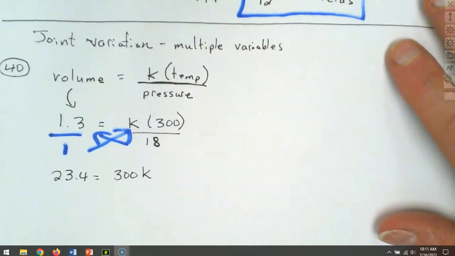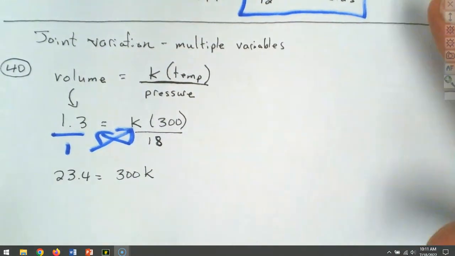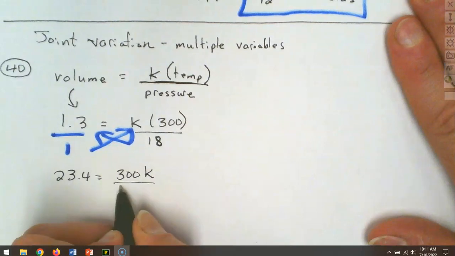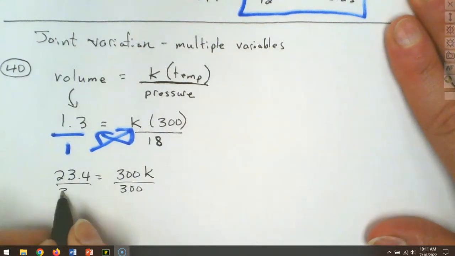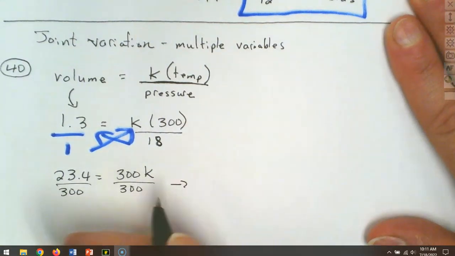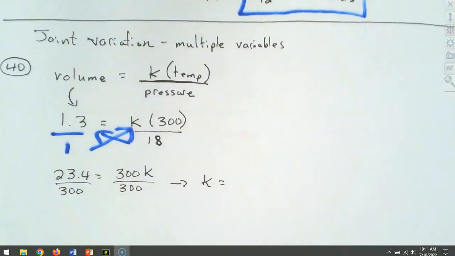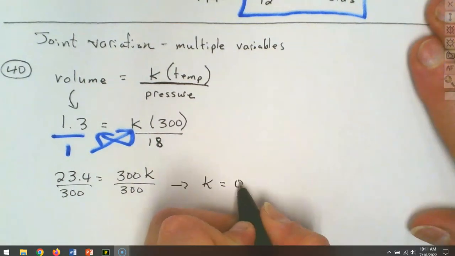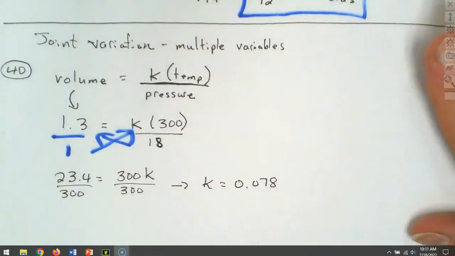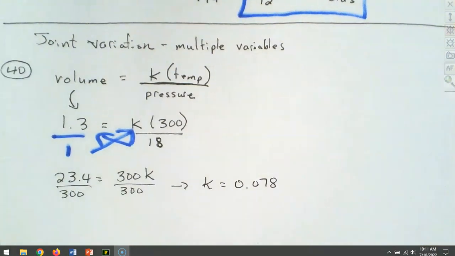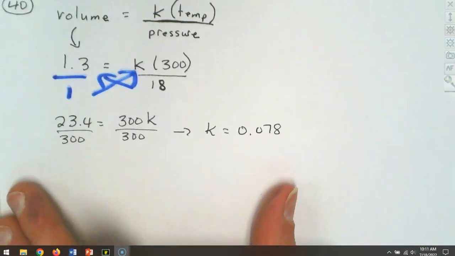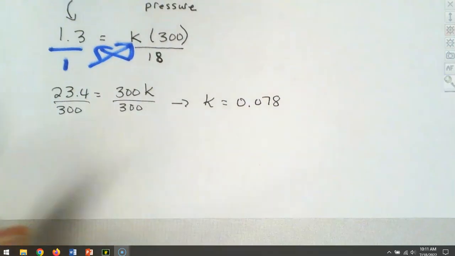You've got decimals, and if they use decimals, just go ahead and use a decimal. So now we'll just divide this by 300, and we now have our value of K. So 23.4, we'll divide that by 300, and that comes out to be 0.078. If they have decimals, just use decimals. If they have whole numbers, just keep the whole numbers.